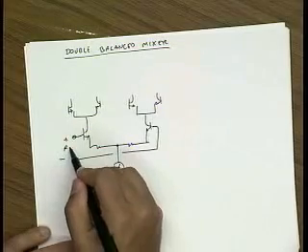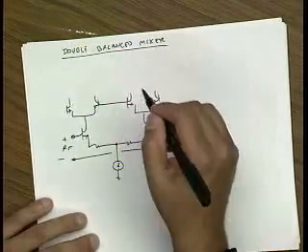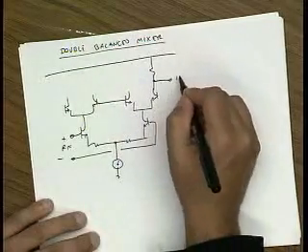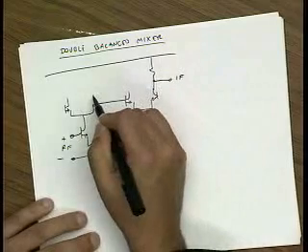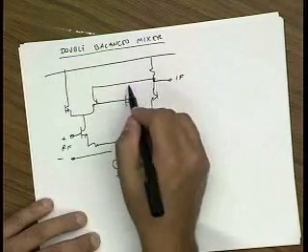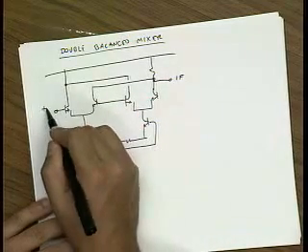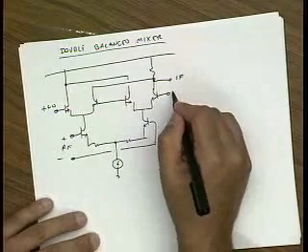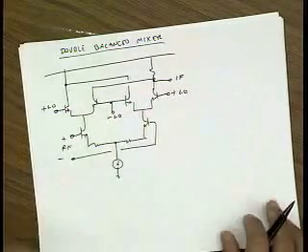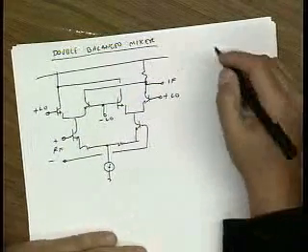So this is the RF input. This is my, let me take the output single-endedly. And this is going to be plus LO. This is also going to be plus LO. And this port is going to be driven by minus LO. Okay. So this is also called a Gilbert cell.